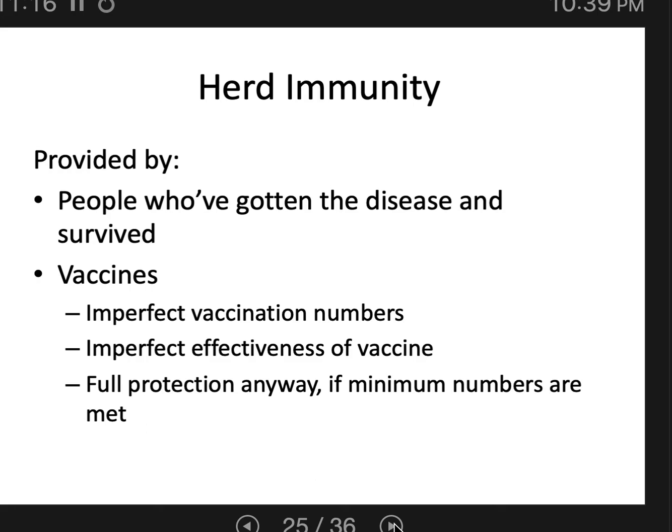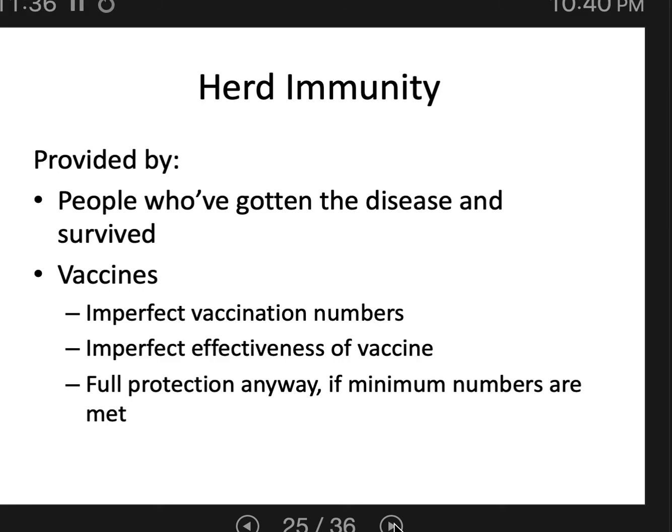So people who are immune to an infectious disease will not be carriers, thereby reducing the occurrence of the disease. They can act as fire breaks against the spread of disease. So if you think about it, everyone has a bubble of other humans, a bubble of their community around them, their friends, their family.